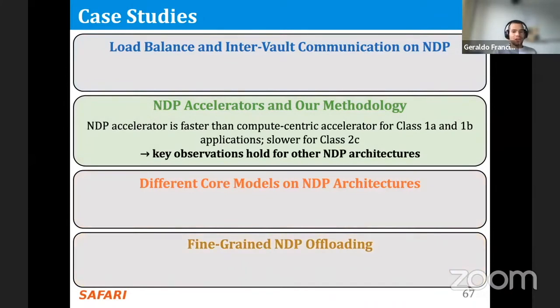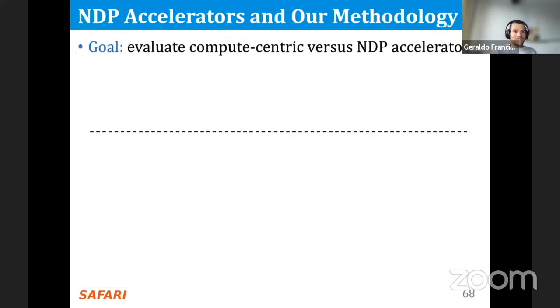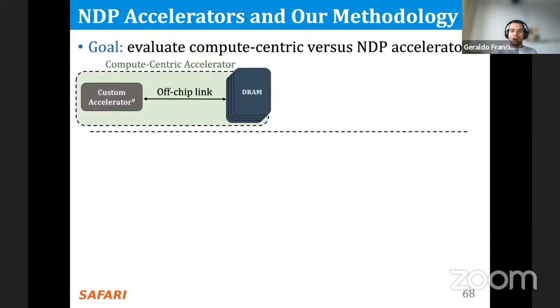Next, I'm going to dig a little bit deeper into one of those case studies. In this case, the NDP accelerator case study. So the goal of this case study, as I said before, is to evaluate compute-centric versus NDP-centric accelerators. We define as a compute-centric accelerator a custom accelerator that accesses DRAM using our off-chip interconnect.